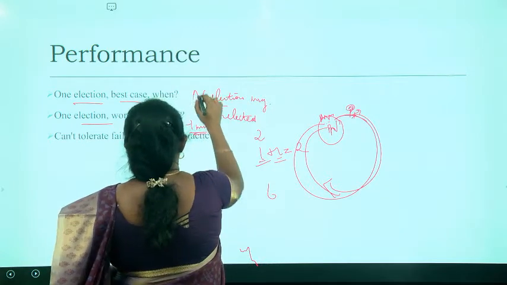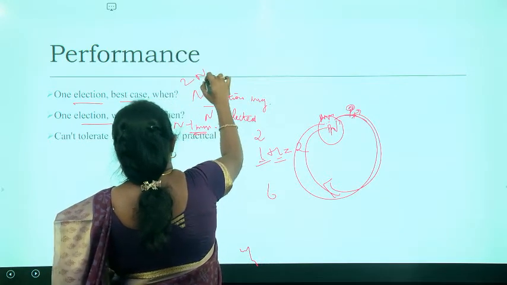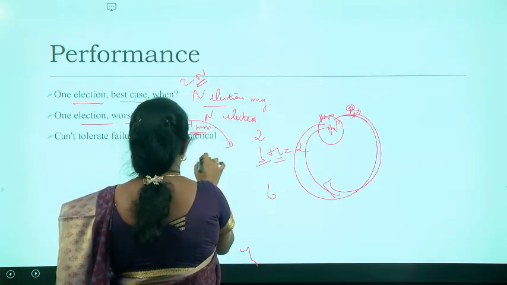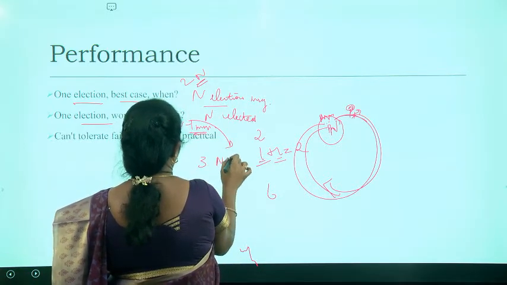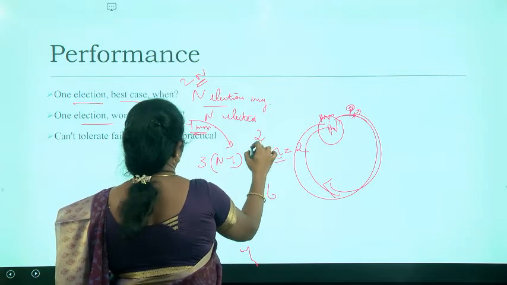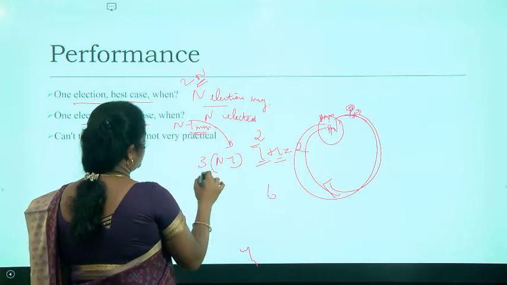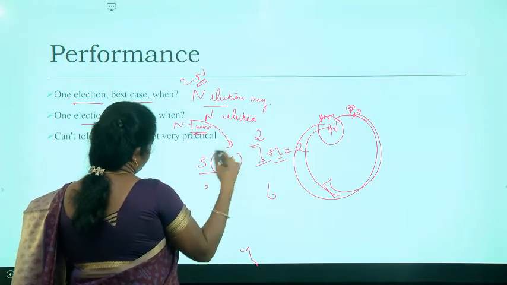So I told you the turnaround time is 2 into n messages, and here the turnaround time will be 3 into n minus 1. Why? Because initially 2 is required, and furthermore n messages are required.